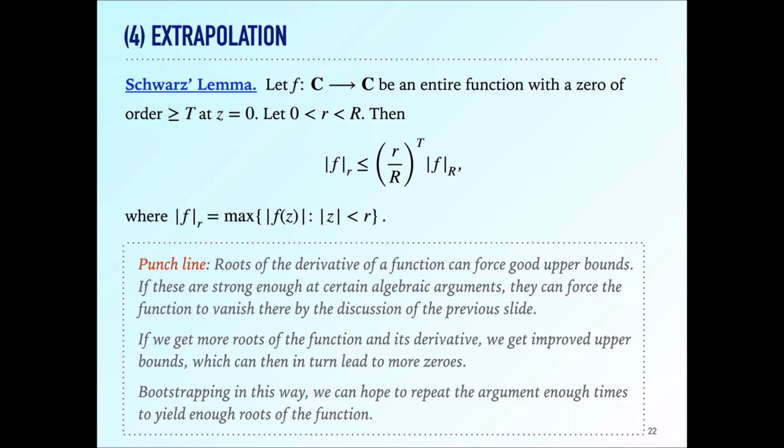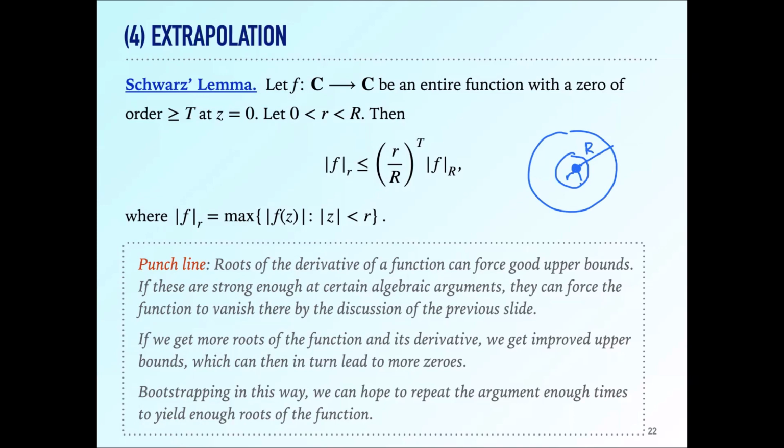So let's maybe draw a picture. We have capital R and we have lowercase r, and somehow what you get when you have a zero, which I'll draw with a really fat point here, is that it's sort of weighing things down. The function is really 0 there. It's not just 0, but a whole bunch of its derivatives are 0. Then that kind of pulls stuff down.